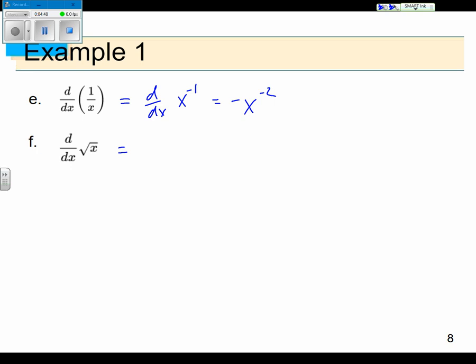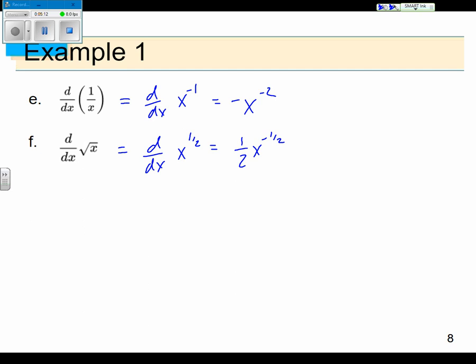All right, now what about f down here? So let's rewrite it first. Make it so we can use this new rule that we have. Yes, you must go down.